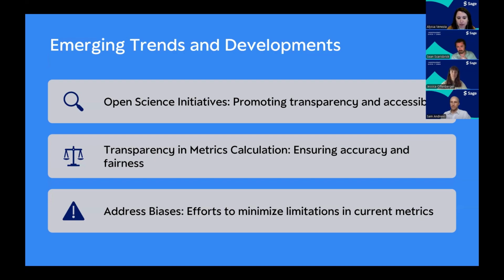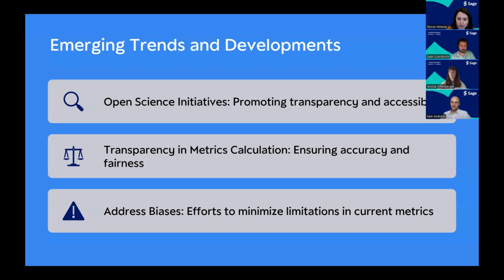There's also growing awareness of the limitations and biases in indexing or existing metrics. Traditional citation-based measures often favor well-established researchers and institutions and potentially disadvantage early career scholars and those from underrepresented regions. So alternative metrics like altmetrics and other engagement metrics are gaining traction to provide a more holistic view of research influence.